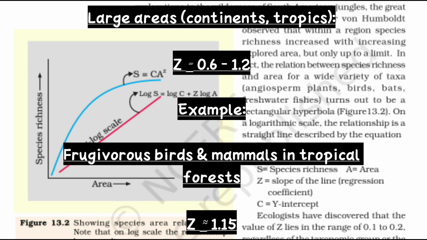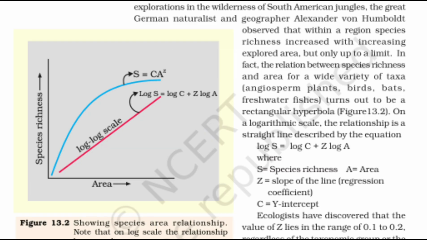What does a steeper slope mean? Species increase very rapidly with an increase in area. So a higher Z means greater habitat diversity plus evolutionary history. In the latitudinal gradient, biodiversity in the tropics is greater than in the temperate region, which is greater than in the polar region. The reasons are longer evolutionary time, stable climate, and high solar energy.